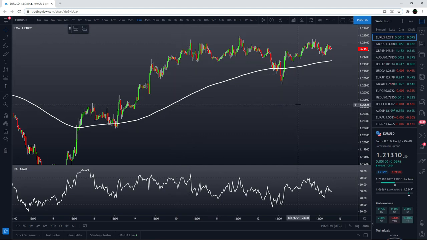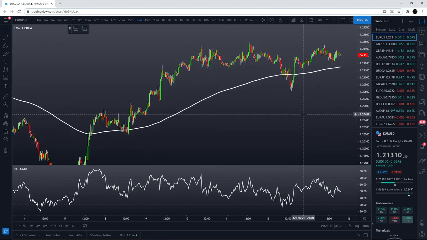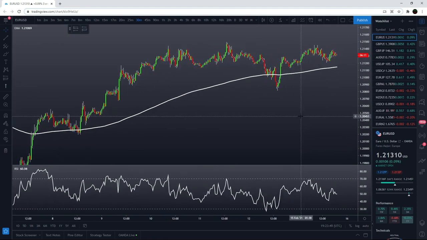So yeah, that's how I scan through the markets and look for setups and use hidden divergence to give me a confirmation, plus my indicator for an entry. So hopefully this helped some of you guys out. It's really as simple as that.